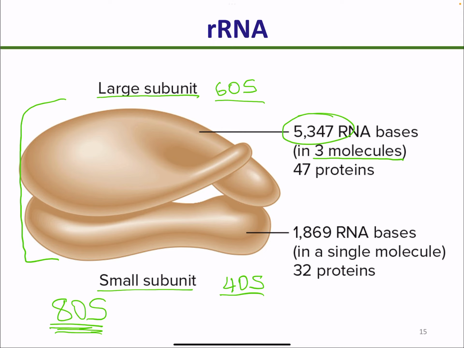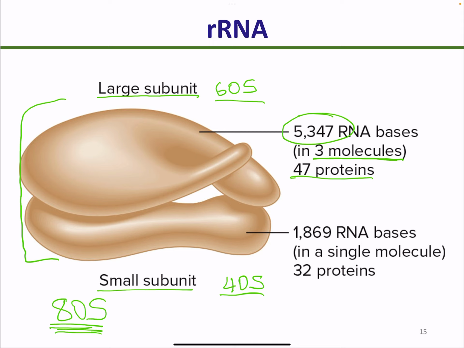5,347. That's not neglectable. That's large, right? And along with these 3 molecules of RNA, you are going to have 47 proteins that are going to be complexed with this molecule of ribosomal RNA.